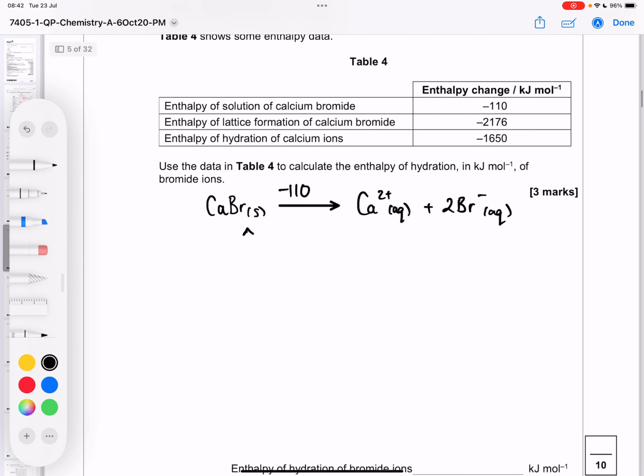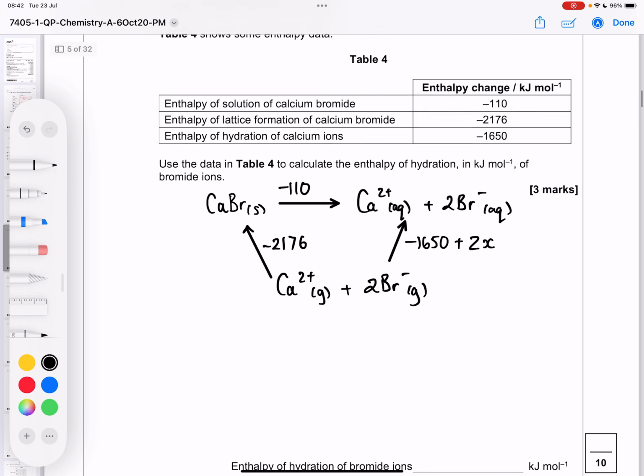Lattice formation is forming the solid ionic lattice from the gaseous ions. And that's got a value of 2176. Gaseous ions to aqueous ions are the sum of the hydrations, so it's minus 1650, and 2 lots of the hydration of bromide ions because we've got 2 bromide ions.